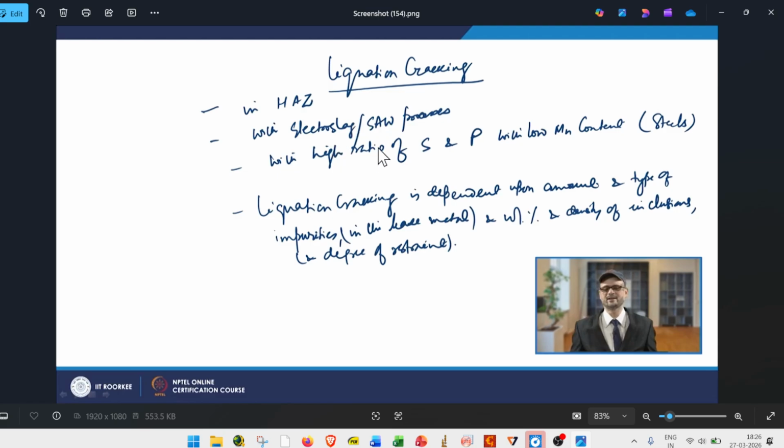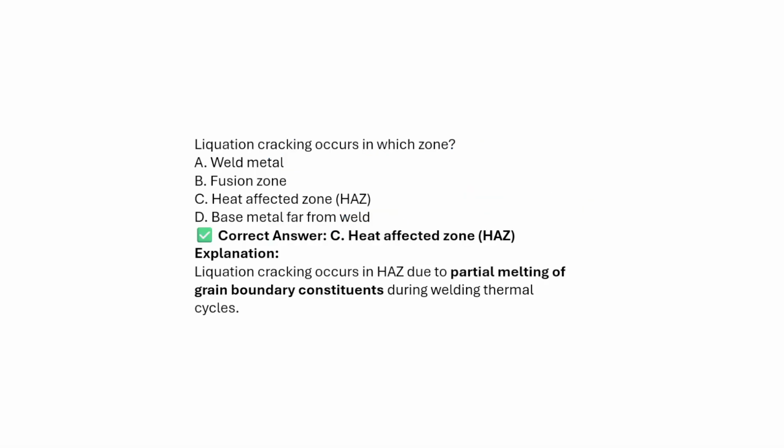It is most prone in high heat input welding processes like SAW and electroslag welding, and with a high ratio of S and P, sulfur and phosphorus, in the steel, which results in liquation cracking. So the answer will be the HAZ. Liquation cracking occurs in the HAZ due to partial melting of the grain boundaries during the welding thermal cycle.